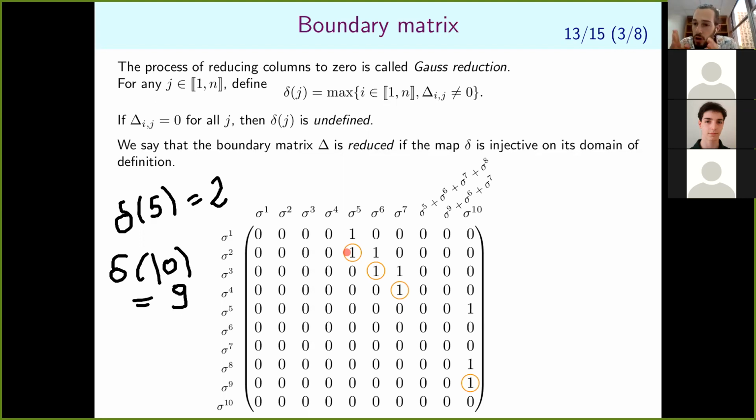If the column is 0, if I have only zeros, then this quantity delta is not well defined, and I will say that delta is undefined. Okay. Now, I say that the boundary matrix is reduced if delta, the map, is injective, where it is defined. In other words, it is reduced if the last 1s of every column are in different positions.